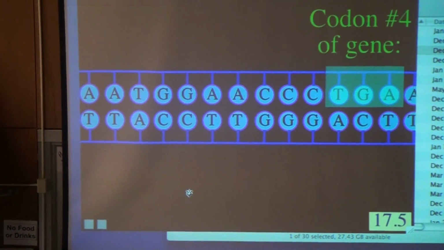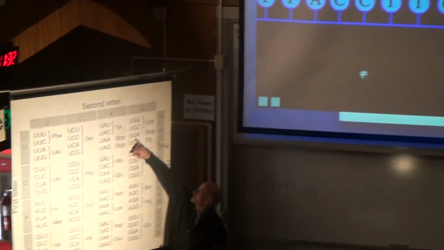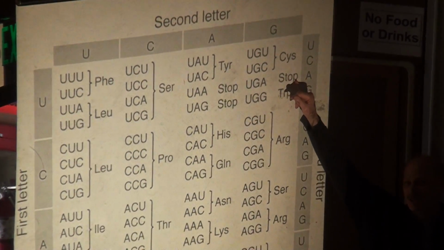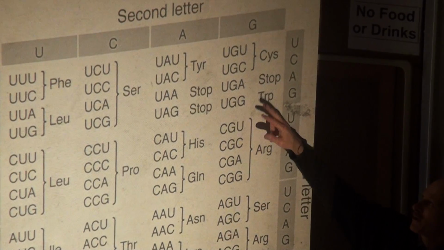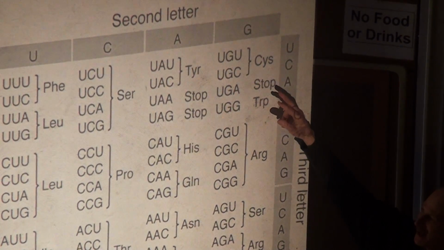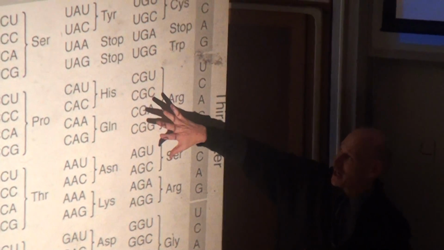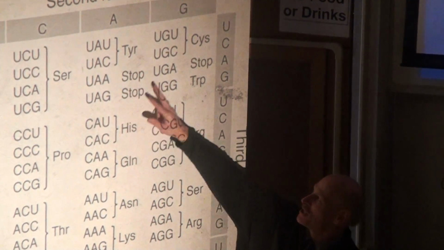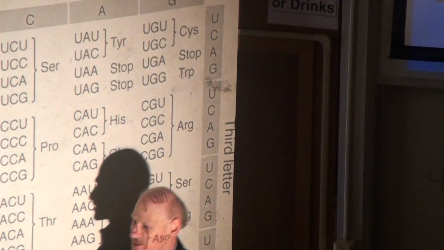In DNA language, it's TGA, which in RNA language is UGA, and that's what's called a stop codon. That just tells the cell, you've reached the end of the protein, no more amino acids. And of the 64 codons in the genetic code, there are 3 stop codons, UAA, UAG, and UGA. All the others stand for amino acids.